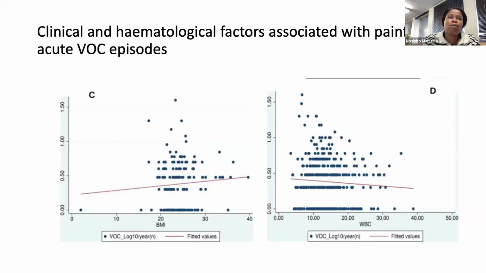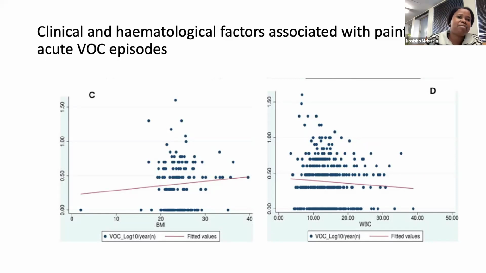We also saw a correlation between BMI and vaso-occlusion crisis. Maybe someone can argue that it's the high cholesterol in people that are obese, which still needs to be investigated, because we didn't see any study that has reported a significant association of BMI with number of VOC.